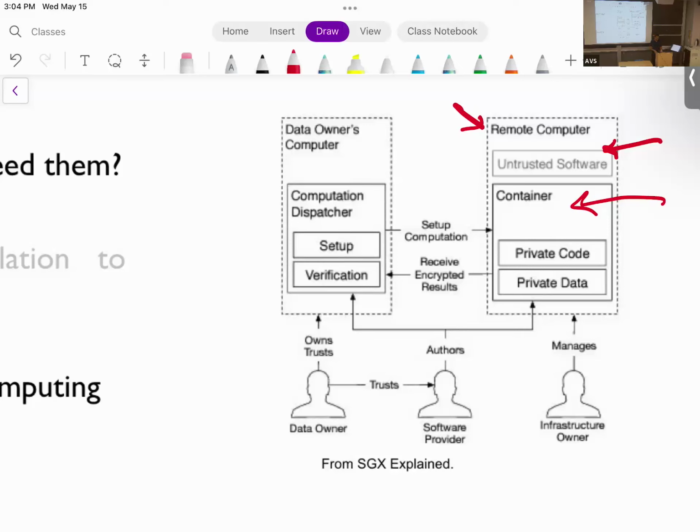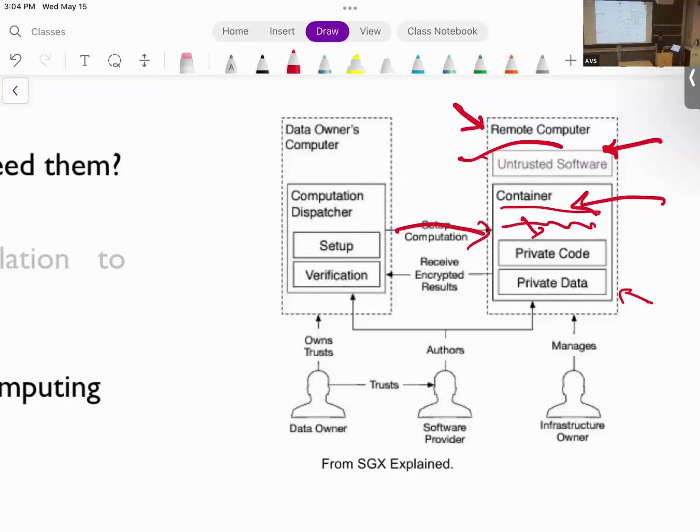But then I create this container and push the private code and data to it using cryptography. I encrypt everything and then send this encrypted data inside the container. As long as I can guarantee that data can only be decrypted within this container, and outside of it the remote computer has no idea what's going on, then I have this isolated environment within this remote system, okay?